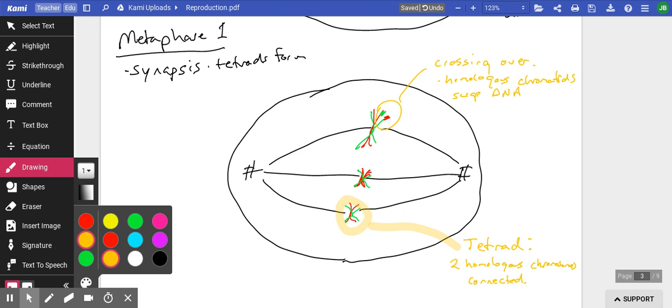And this will only happen during synapsis because it's the only time that they're close enough to do that. And this is good because it increases variation. Instead of having 1 chromatid just always be the same, now it has some genes from a homologous chromatid on it. So this increases variation.